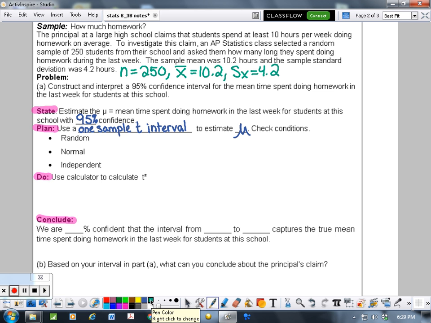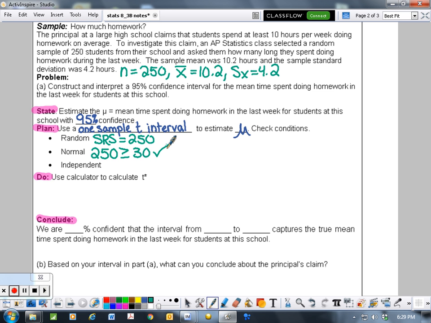So is it random? Yes, we had a simple random sample of 250 kids. Is it normal? Well, our sample, 250, is greater than or equal to 30, so we're good to go. Is it independent?